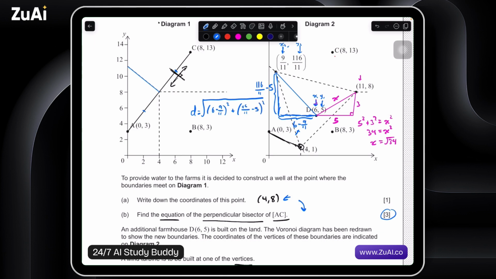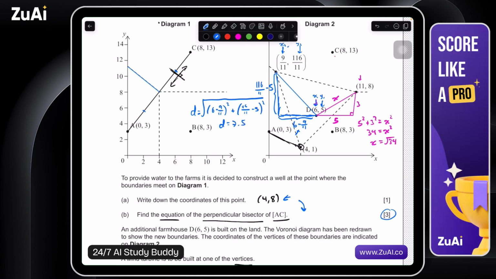Let's work this out: 6 minus 9 over 11, square that value, plus 116 over 11 minus 5, then square that, and then take the square root of all of that, and it tells us that D is equal to 7.589, or just 0.759. So we have one as a messy decimal and one as a rather clean root.